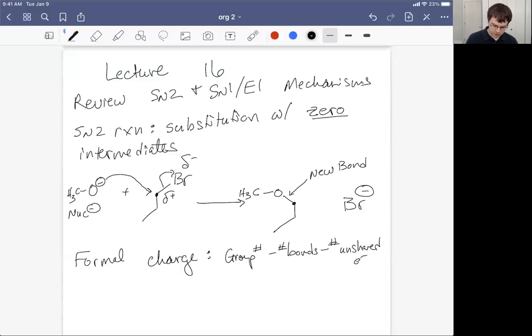So just as if we looked at CH4, for example, we would say that its formal charge is, first of all, it is in group 4 of the periodic table. I know it's atom number 6, but it's in the fourth column of the periodic table if you don't count the transition metal series. So we have group number 4. We have 4 bonds, and we have 0 unshared electrons, and that gives us an overall formal charge of 0.